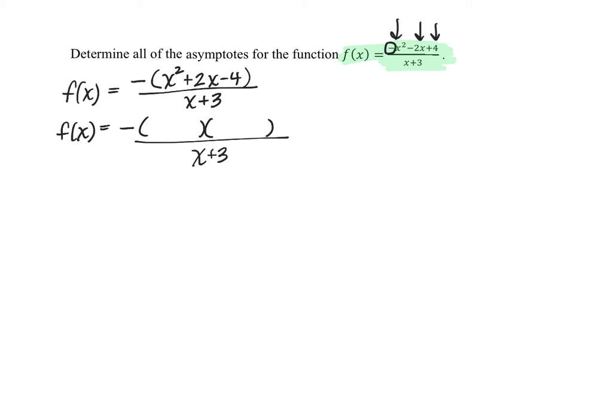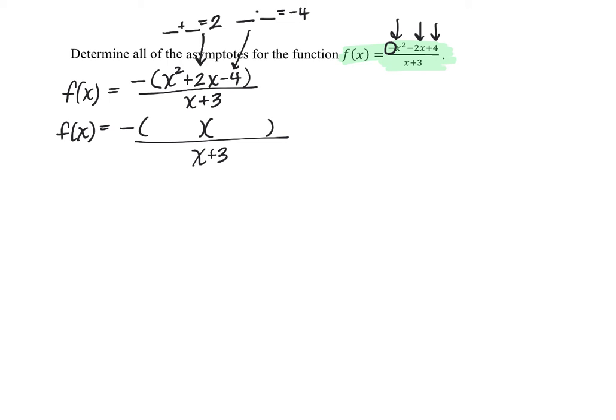So remember, I'm basically looking for 2 numbers that will multiply to give me negative 4, and those same 2 numbers need to add to give me positive 2. And there are no values, no integer values at least, that are going to work. So this numerator does not factor any further, which tells me that I cannot simplify this function.